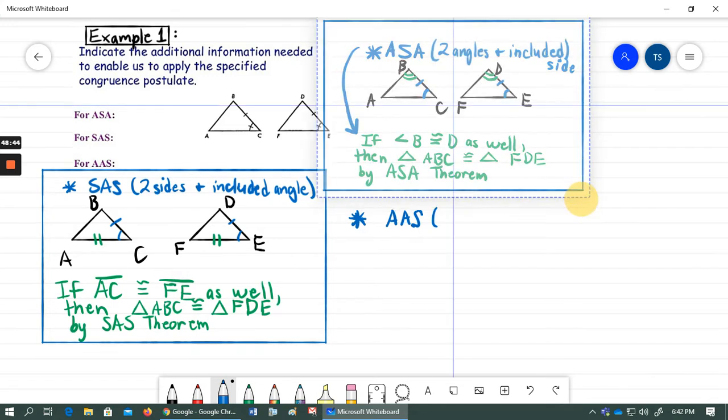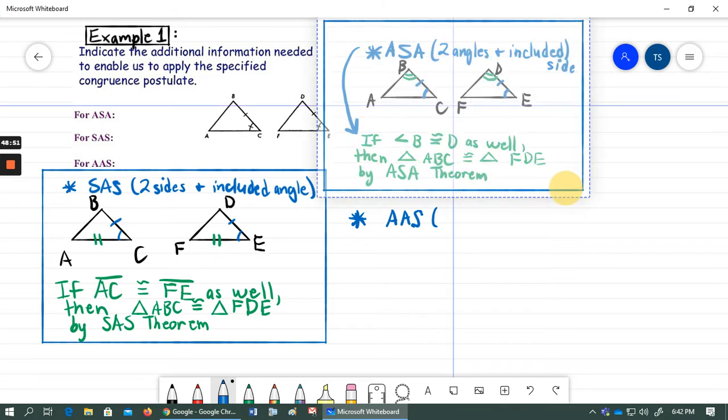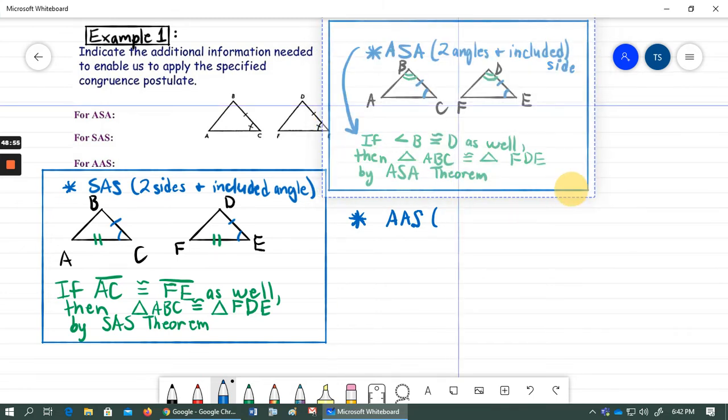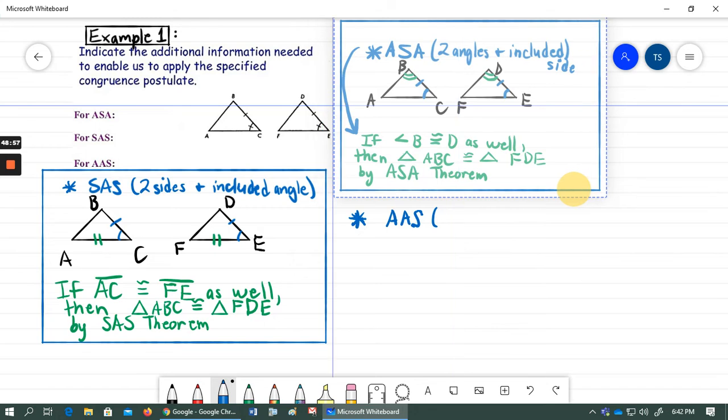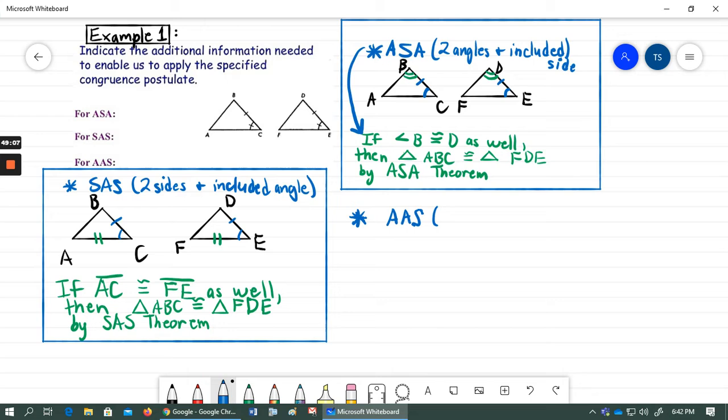Let me see if I can move that up. Yeah, okay. That'll work. Much better. Alrighty. Angle angle side.